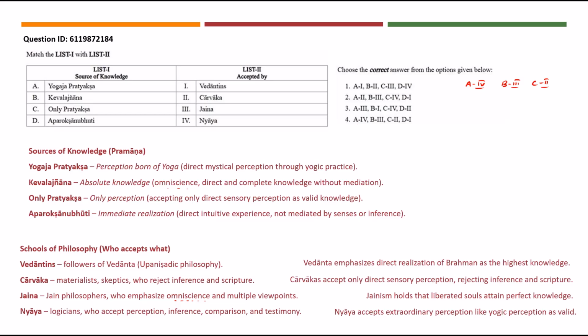This direct realization is what we can say for direct intuitive experience. So they consider Brahman as the highest knowledge. So D will be mapping to 1. A4, B3, C2, D1. Option number 4 will be the right answer.